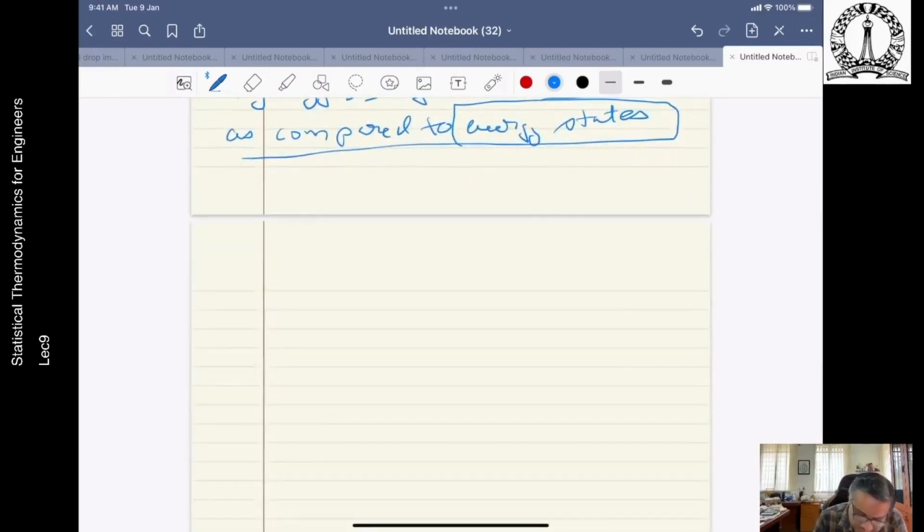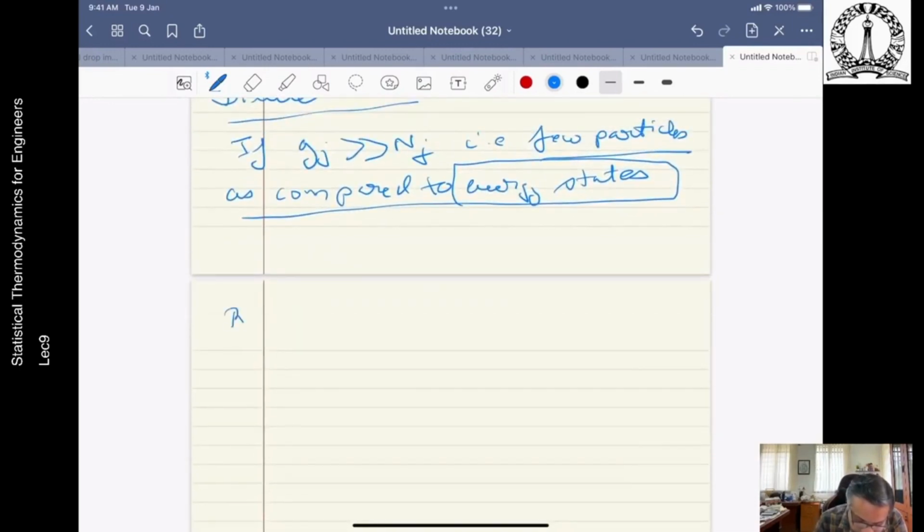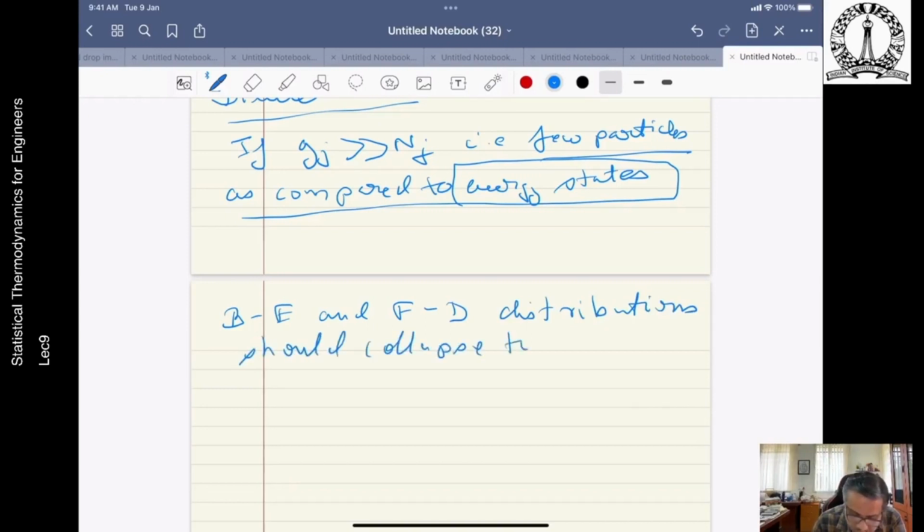So under this condition, both Bose-Einstein and Fermi-Dirac statistics distributions should collapse to the same result. Why does it collapse?